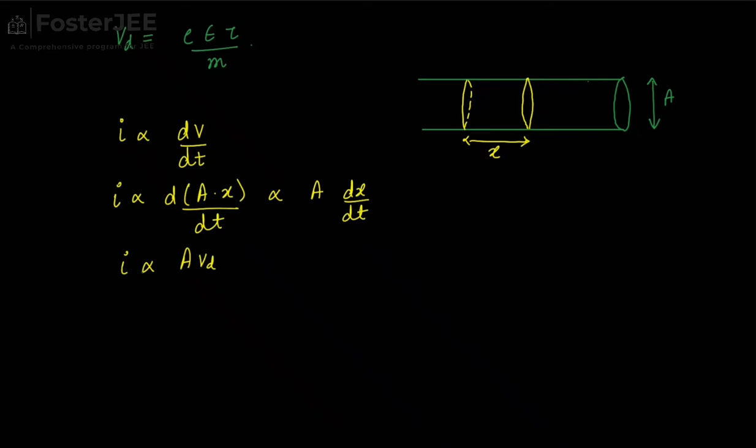Now, removing this proportionality sign, we will write I equals some constant, and that constant equals the charge.